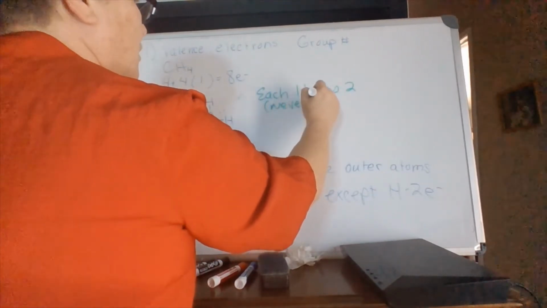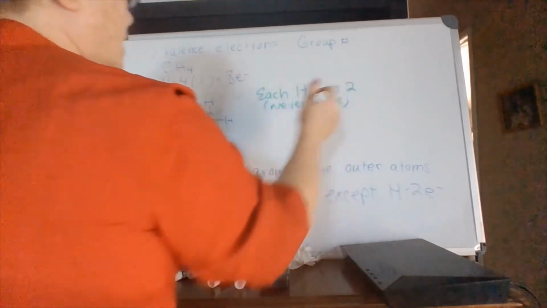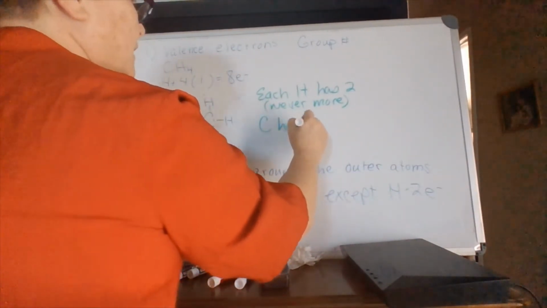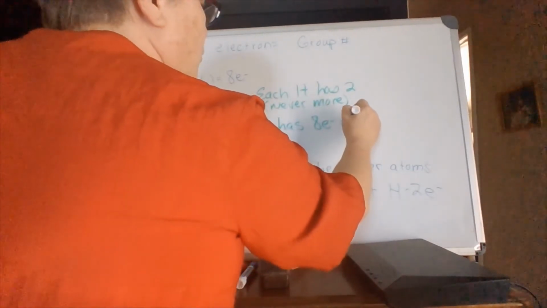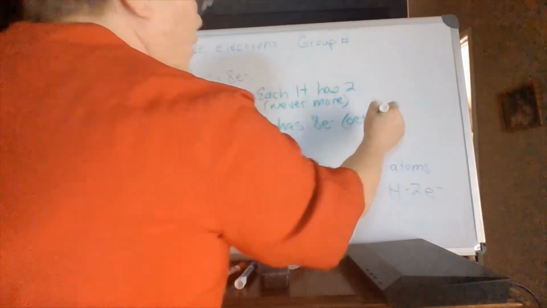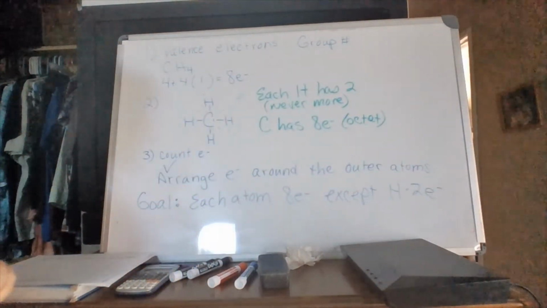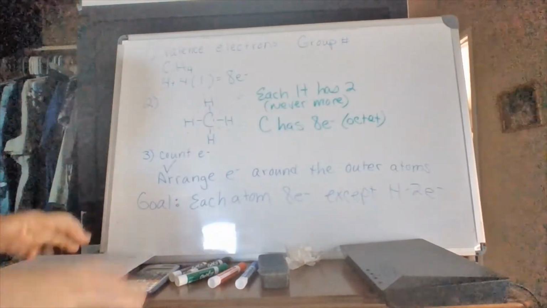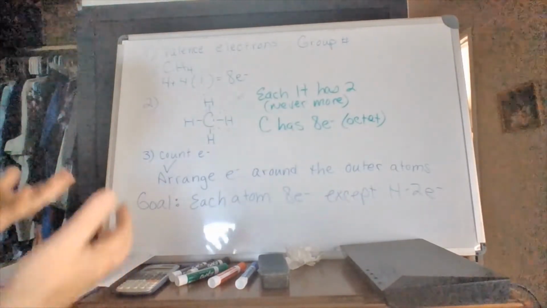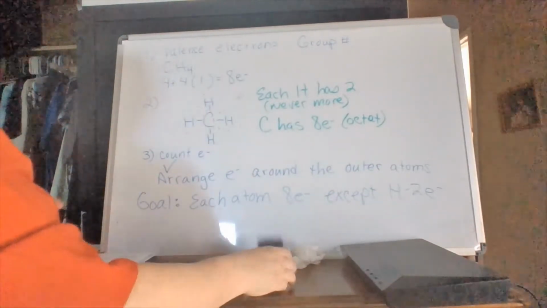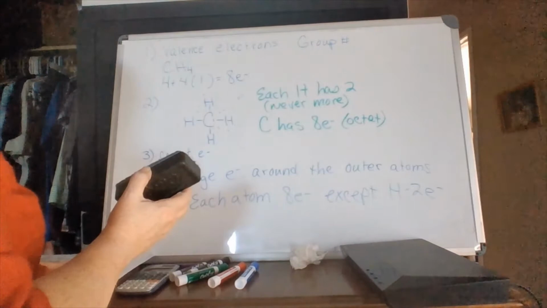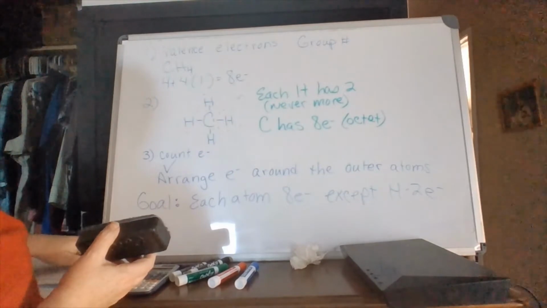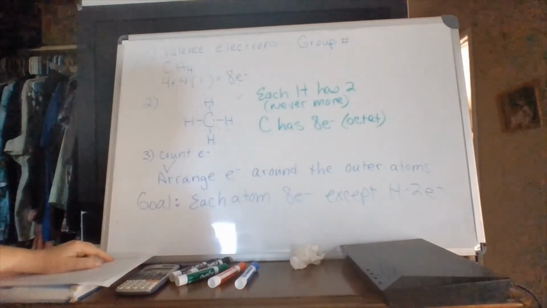And then my carbon has 8 electrons or an octet. And the whole reason these guys share electrons is because they all want to have that magical number 8 electrons, except for hydrogen, which is just 2. Okay. And then for the molecular geometry, the bond angles and the bond polarity, you're going to look those up in your labs.